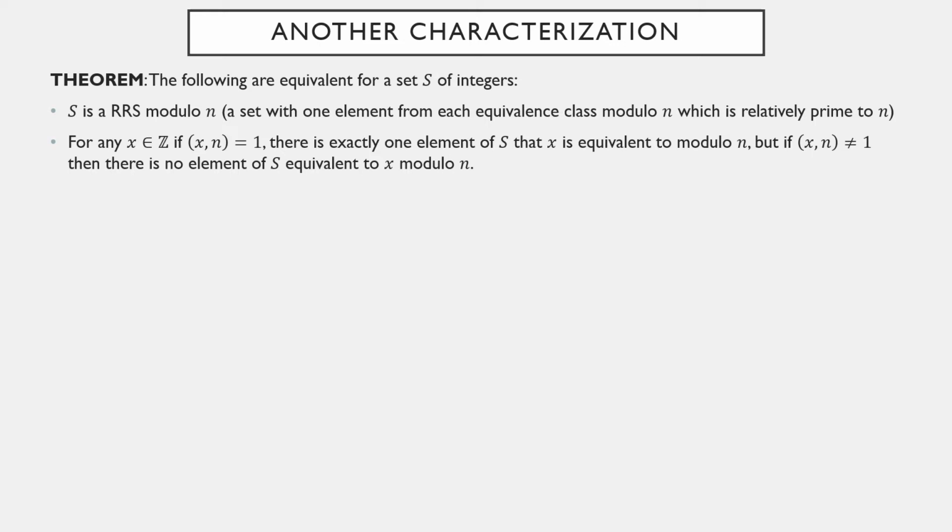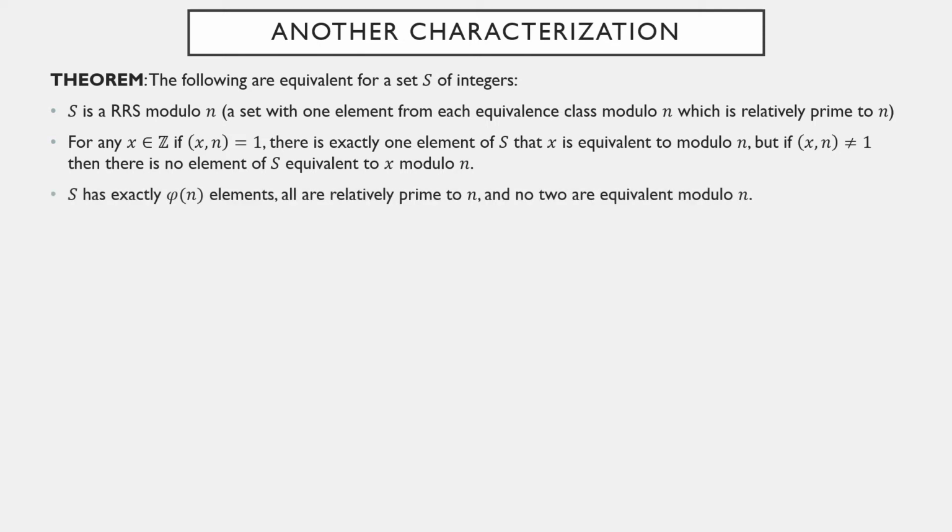Any integer relatively prime to n is equivalent mod n to exactly one element of S, and any integer that is not relatively prime to n is not equivalent to anything in the set S. Third, S has exactly phi of n elements, where phi is the Euler totient function. All are relatively prime to n, and no two are equivalent mod n. So all three of these statements imply one another. If you have one, you have the other two.